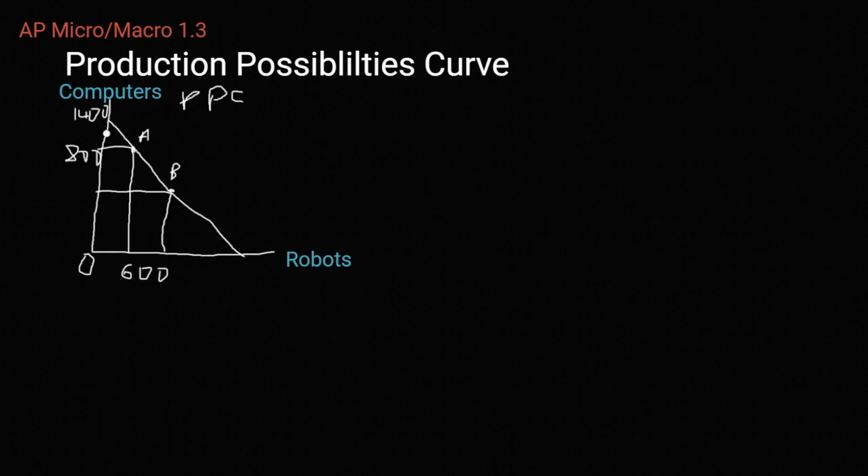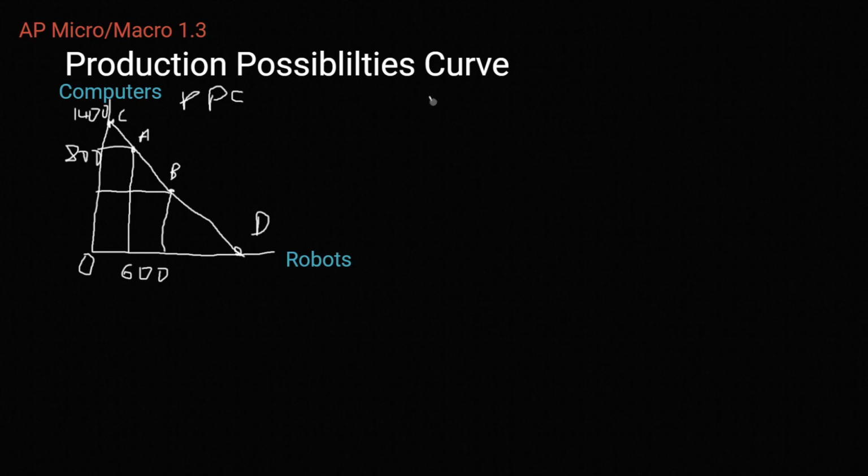So this is an either or. If this is point C, you could produce at point C, creating 1400 computers and no robots, or point A where you create 600 and 800, or you could do point B where all of your resources go into robots. It's an either or. This shows the different opportunity costs.